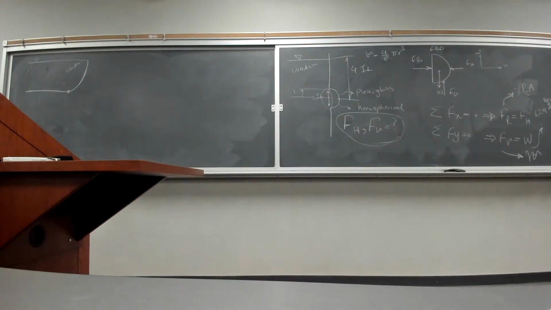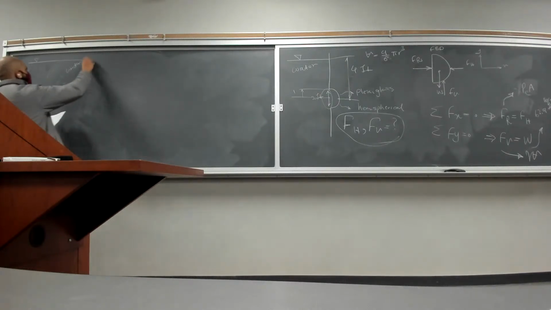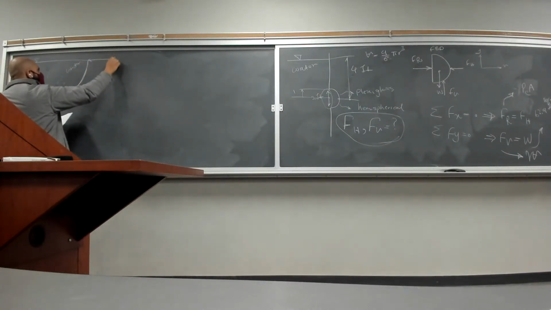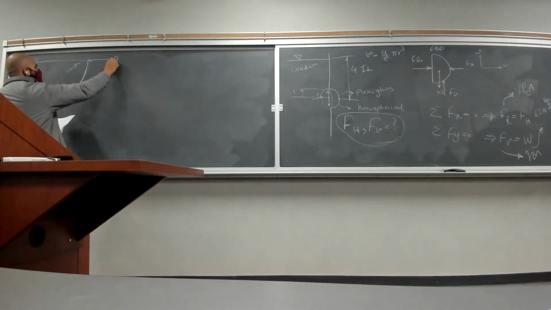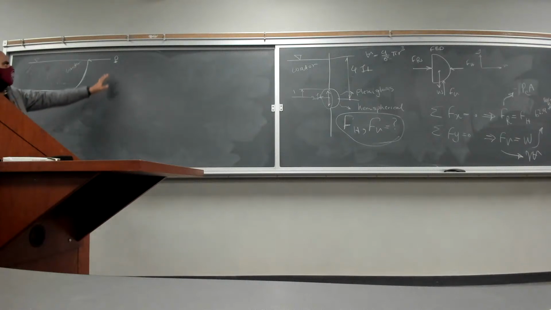It is a quarter circle and is hinged at H. You want to determine the horizontal force P that we have to apply here to hold the gate. We essentially want to find the force P that is required for us to hold the gate.